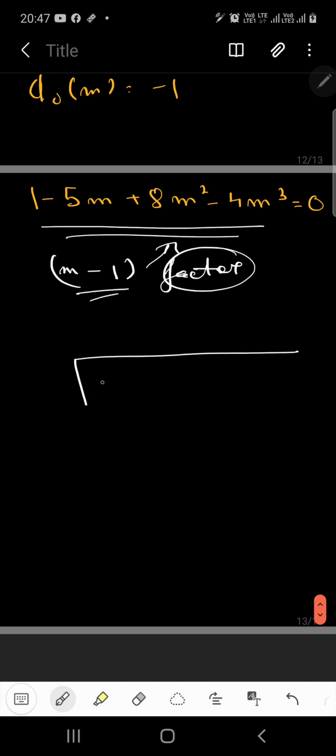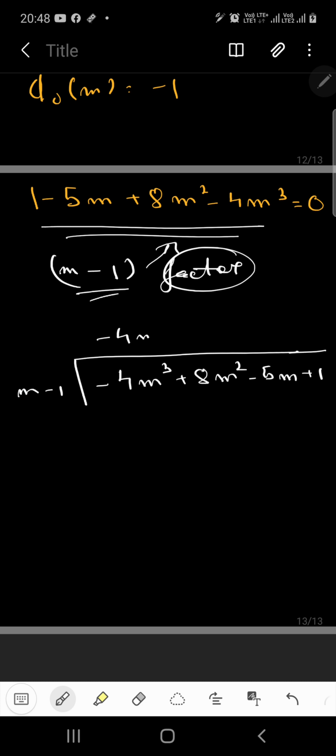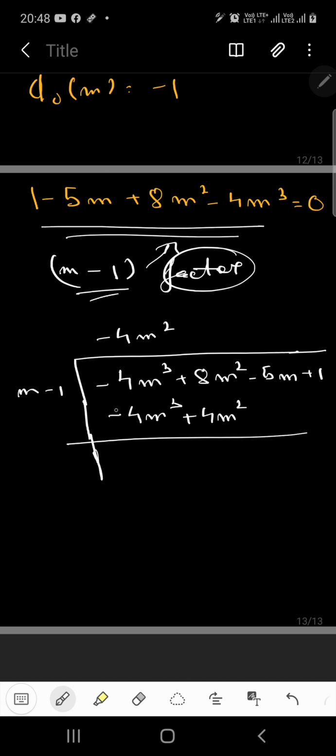Let us start with the highest power. Minus 4m cube plus 8m square minus 5m plus 1 divided by m minus 1. So first we get minus 4m square. Here we have minus 4m cube plus 4m square, so they get subtracted.